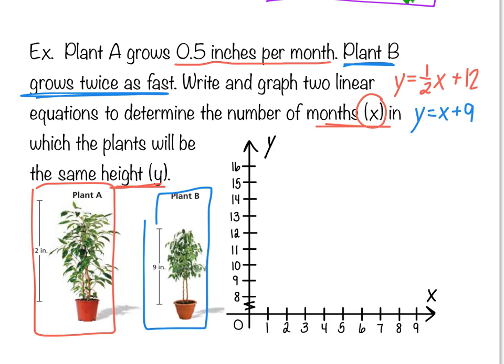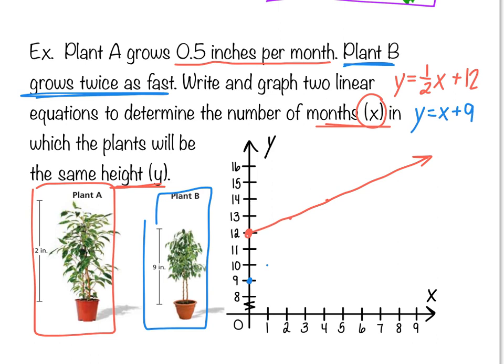So for plant A, the y-intercept there is 12. And I'm going to rise 1, and I'm going to run 2. And that's going to give me something like this. And then for plant B, it has a y-intercept of 9, so it's a little bit smaller, but it grows faster. It grows twice as fast.